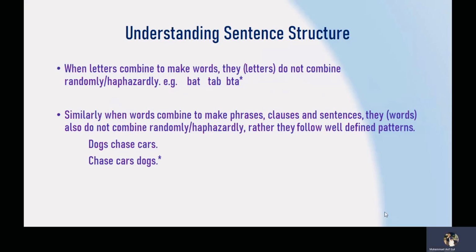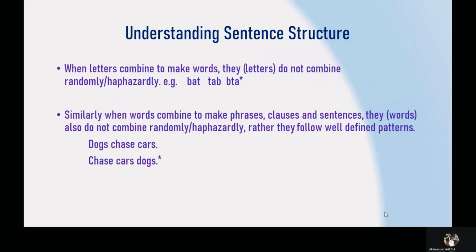But these letters, they do not combine randomly or haphazardly. They follow a pattern. For example, we can have this pattern BAT, bat. We can have this pattern also TAB, tab. But we cannot have this pattern BTA. This is not permitted in English language.